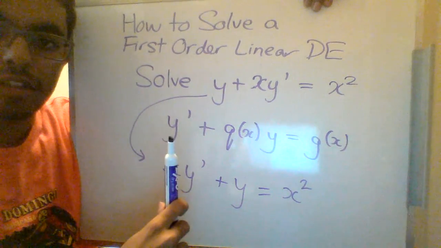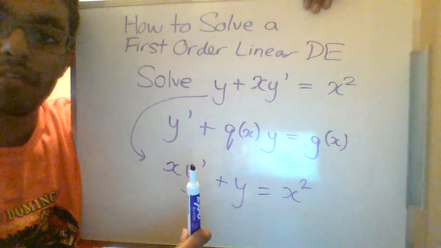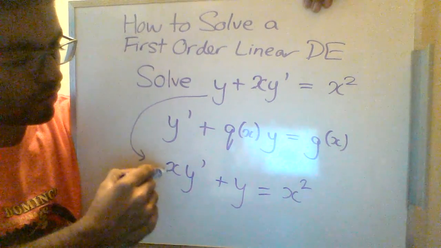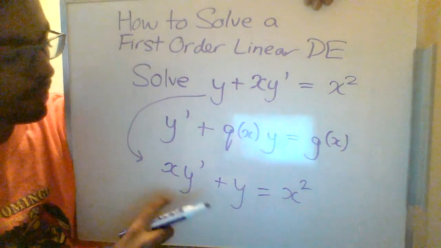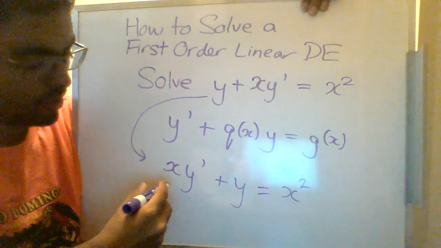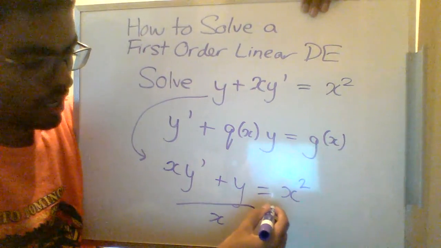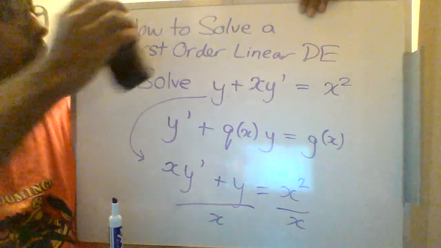Now, if you look at standard form, we want the y prime term to be all by itself, right? So we don't want this x to be in front of it. So what are we going to do? We're going to divide every term by x. Pretty much we're doing divide by x and divide by x.